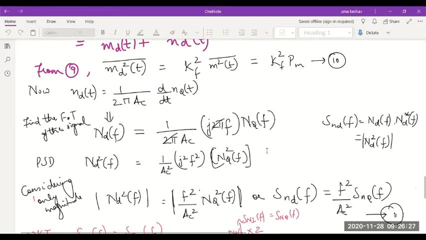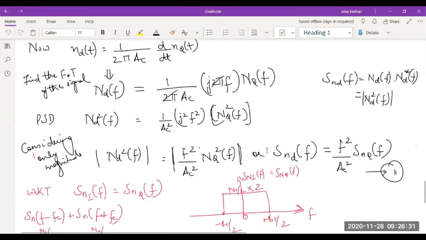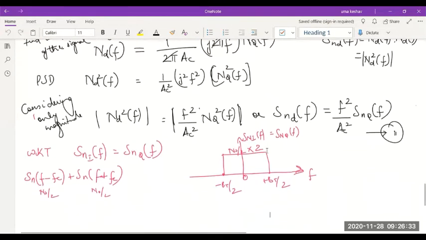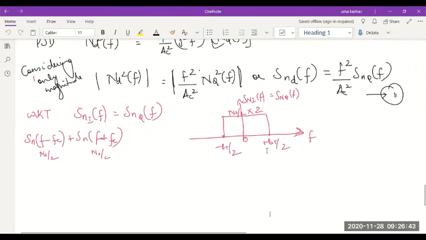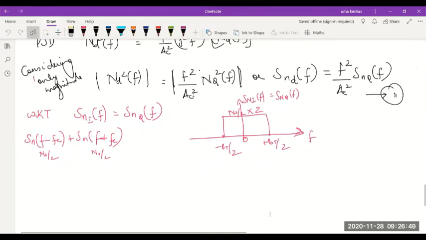Then we will take the square because we are interested in power spectral density. So power spectral density is obtained by taking the square on both sides and taking the magnitude value. I can neglect the sign. So finally we end up with this equation. ND square of f is equal to f square by AC square NQ square of f.